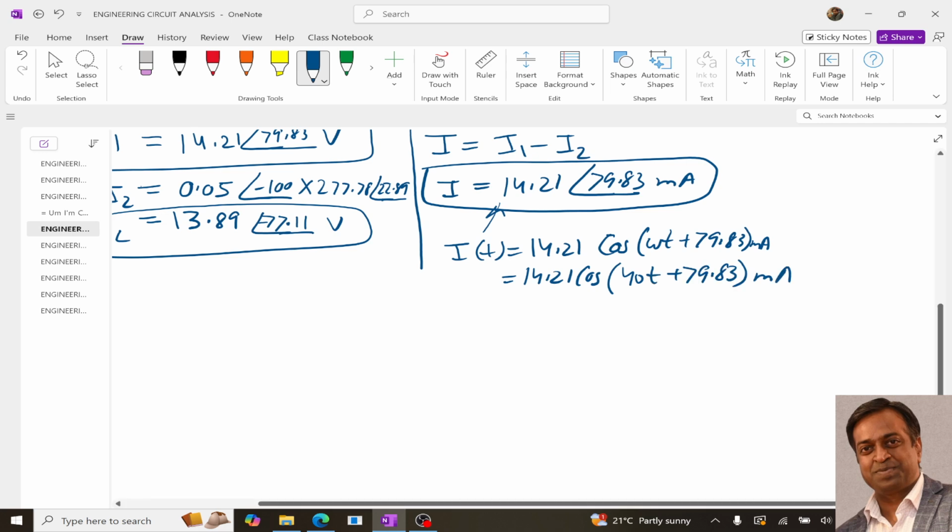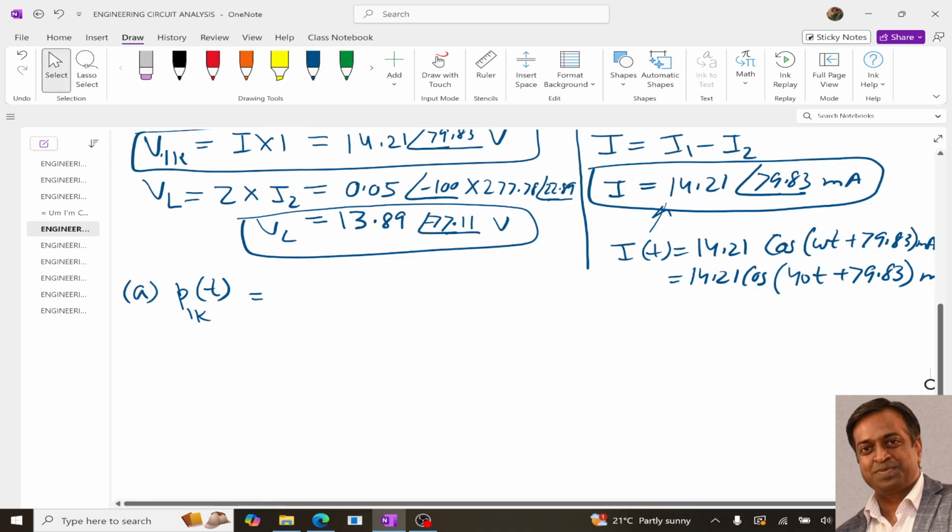This same thing I can substitute over here. So p(t) is equal to 14.21 cos(40t plus 79.83) multiplied with v of 1K, this one.